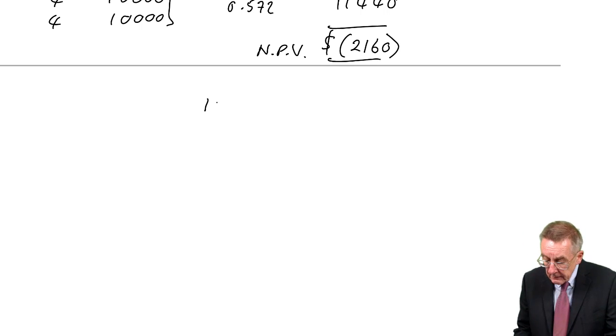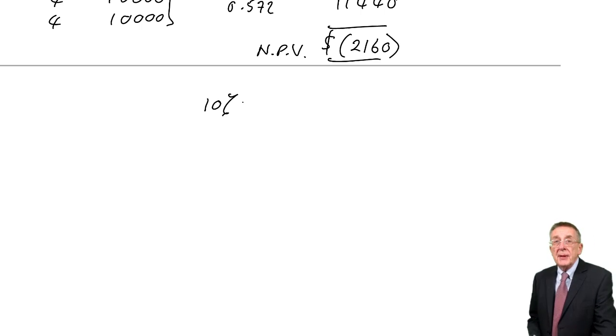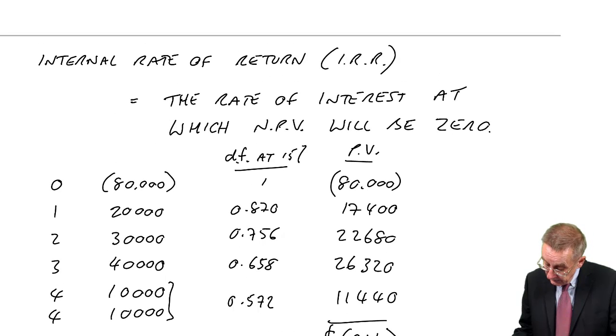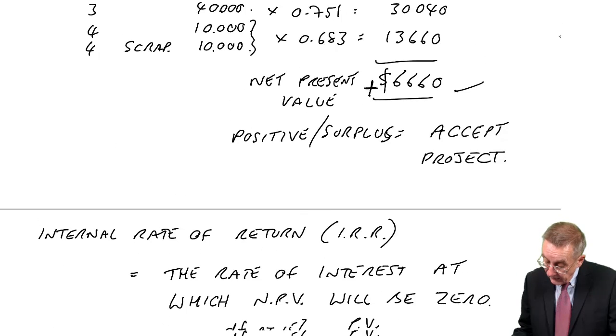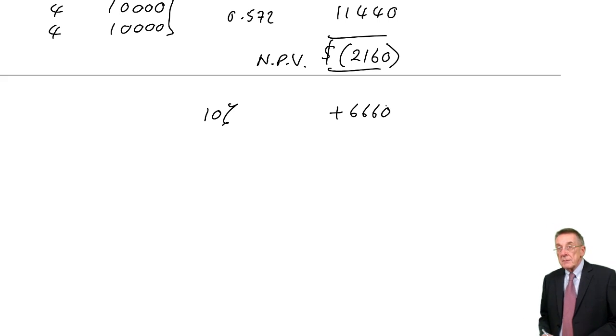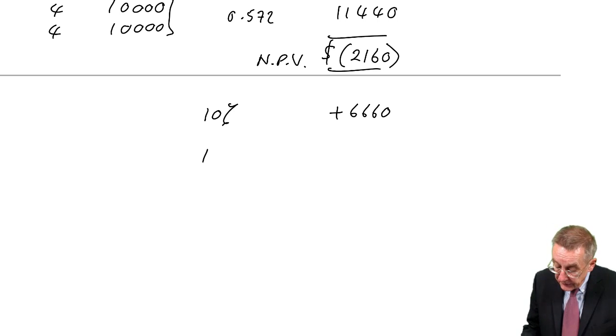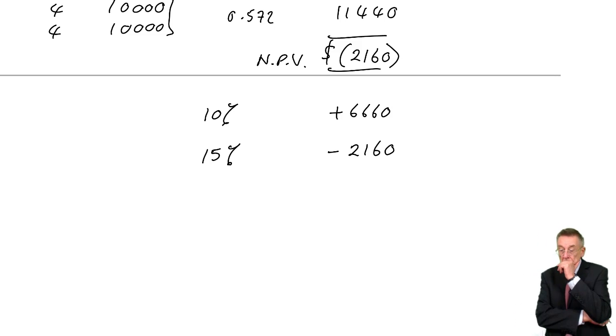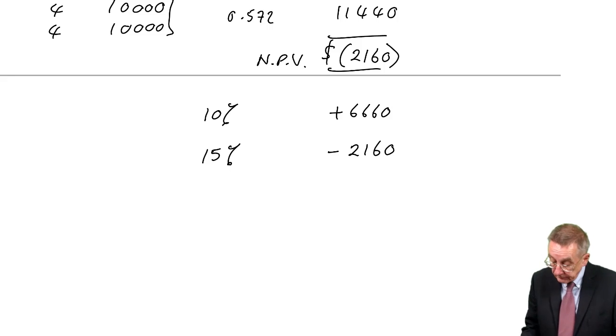What's happened here? We worked out the NPV at 10% in example 1, and we got plus 6,660. We then did it at 15%, and we got minus 2,160. And so what's happened here?